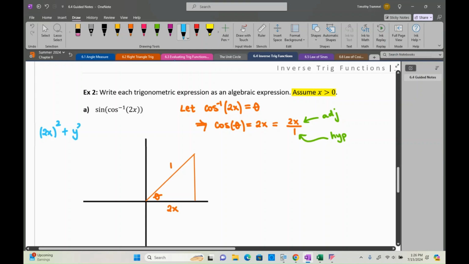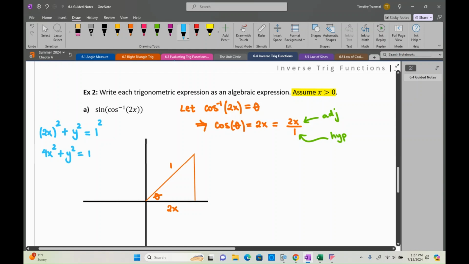That missing side that I want to find, I'm calling it y, and I'm squaring it, equal to the hypotenuse squared. So if you square 2x, you get 4x squared. There we go. And then we have our y squared, and then 1 squared is just 1.